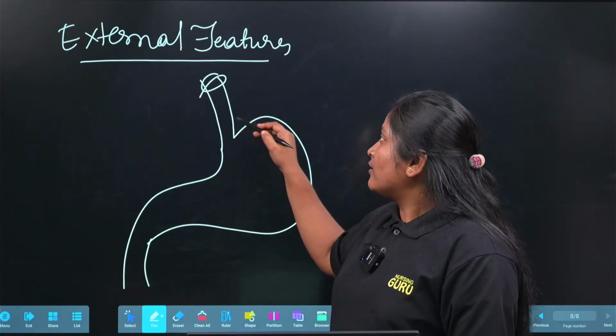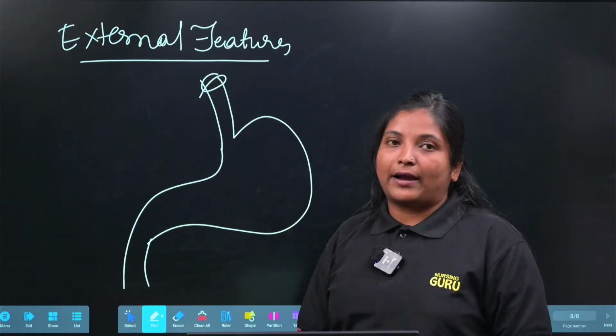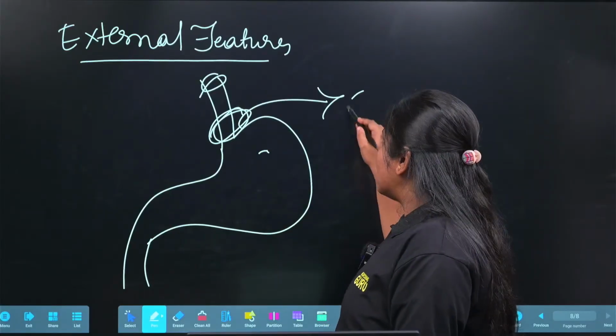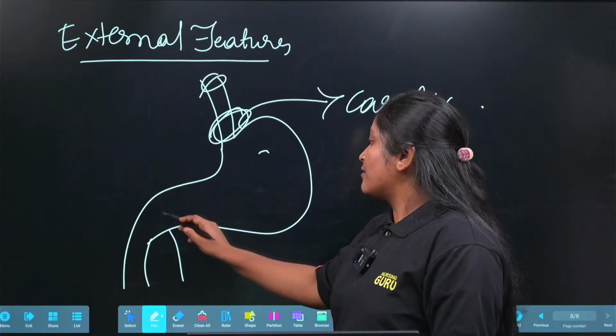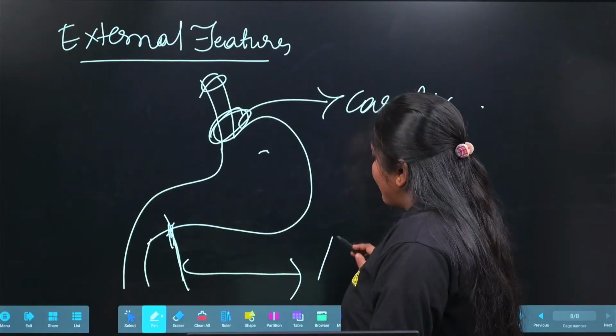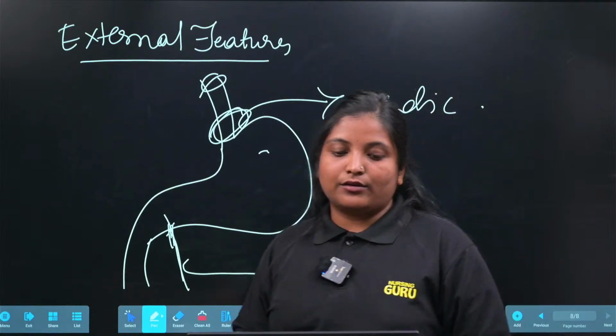One is here, you can see, the cardiac end, and this one here we will call the pyloric end. Okay, two ends.